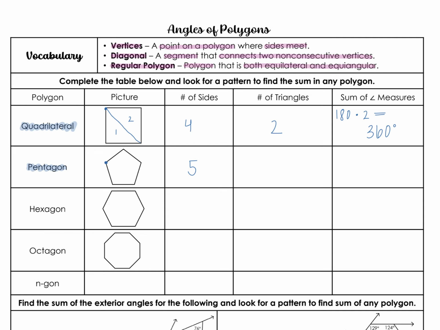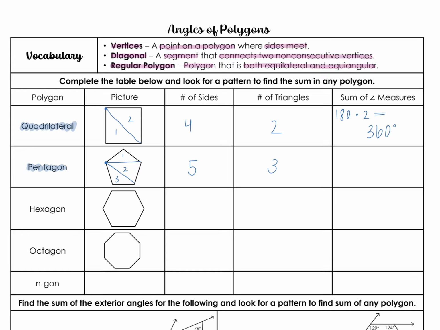And I'm going to draw all the diagonals that I can from that same vertice. Like I said, doesn't matter where you pick to start from, it just means you've got to then start from that same point to draw all of your diagonals. So I've got 1 diagonal and then 2. So the number of triangles is going to be 1, 2, 3.